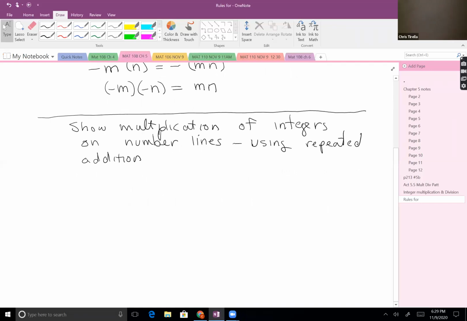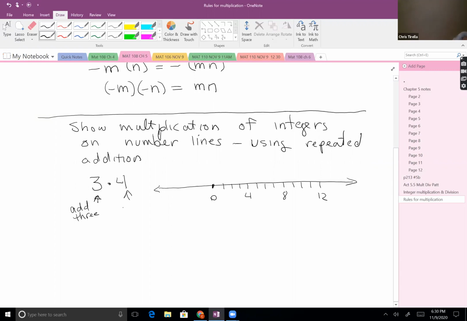And so if you remember, if on a number line I wanted to show 3 times 4, on my number line I'd start with 0. And I would add 3 arrows of 4.